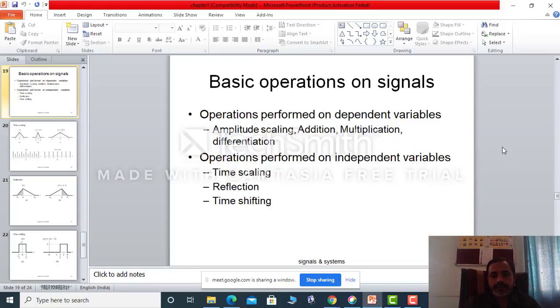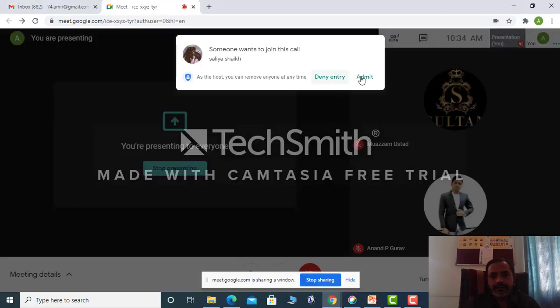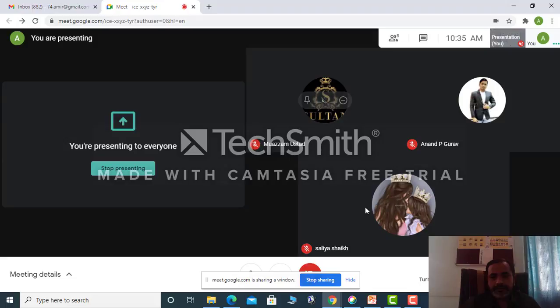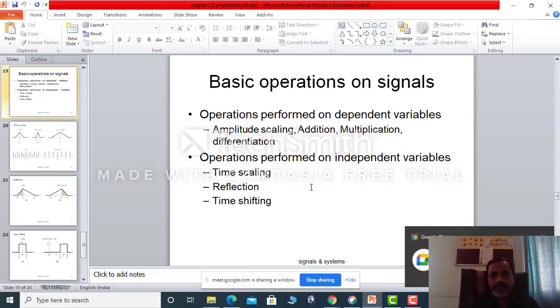First, time scaling. Are you writing or not? You start writing. Yes, sir. Basic operations performed on independent variables.